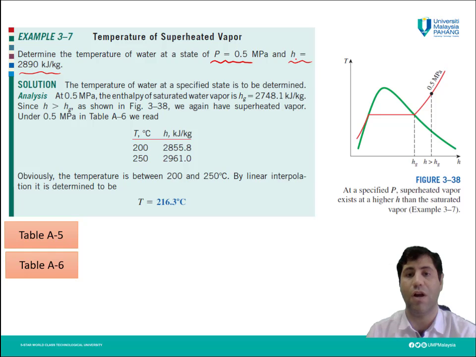So we need to compare this H, this enthalpy, with the enthalpy for water at this pressure. Let's go to the table for saturated water at this pressure. The pressure is 0.5 megapascal or 500 kilopascal.